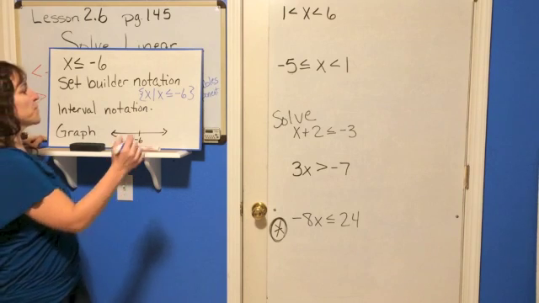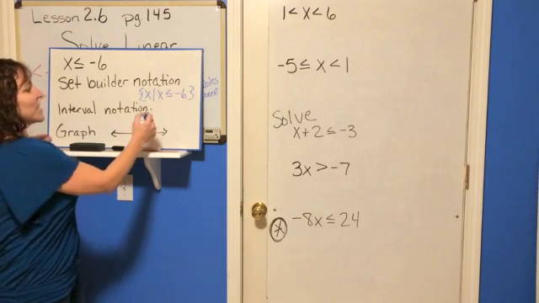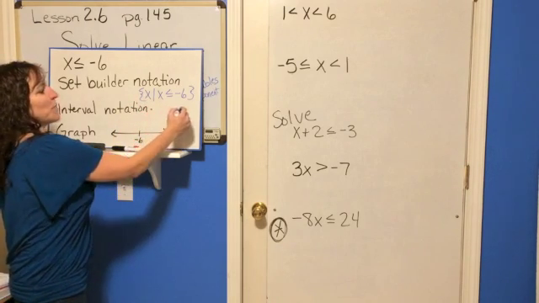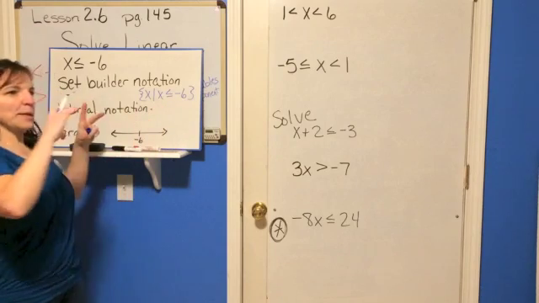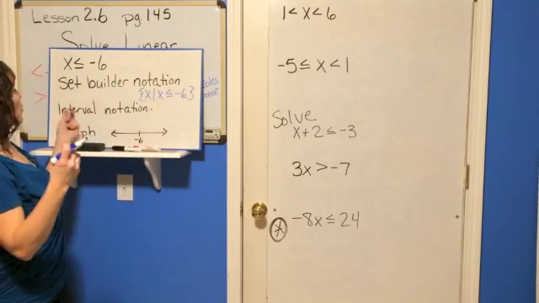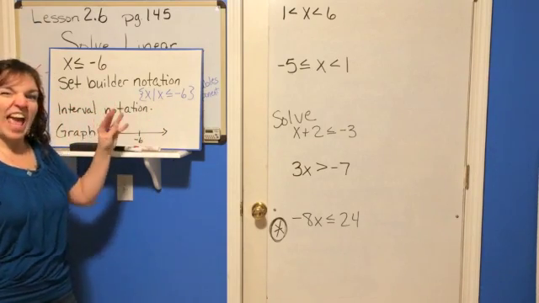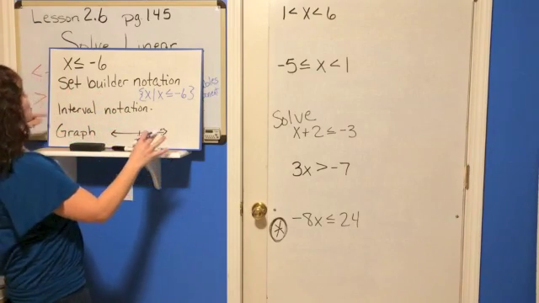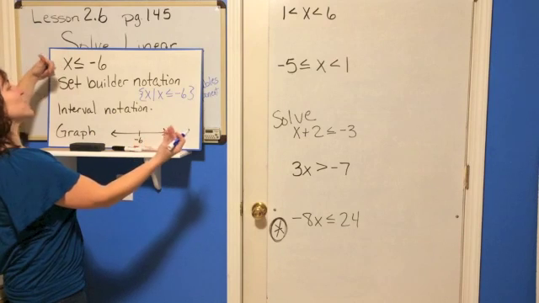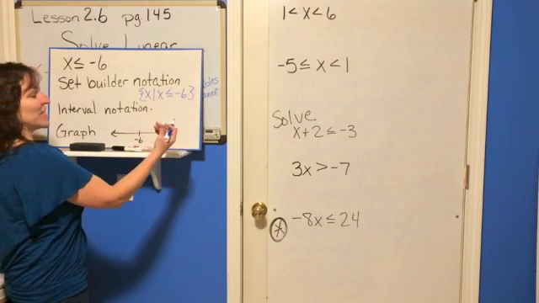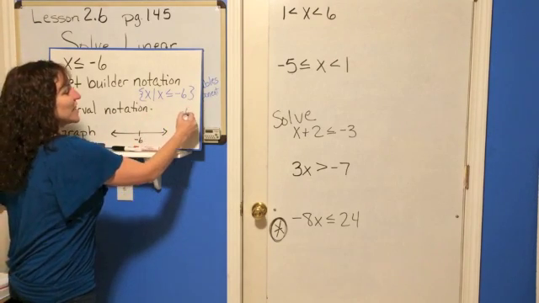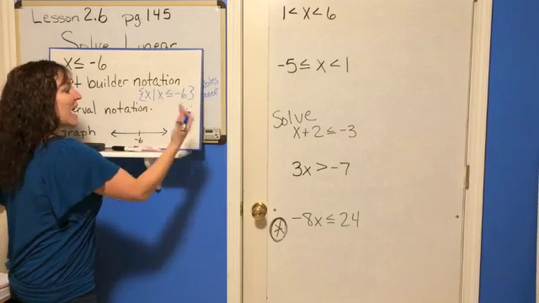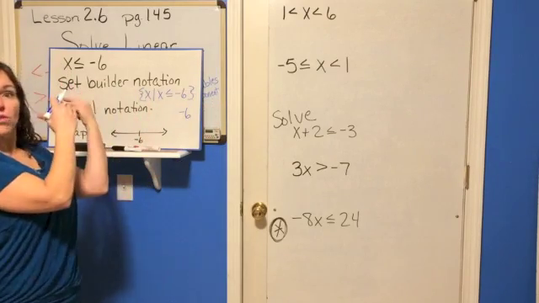Interval notation is going to be just the two ends. So the interval notation shows, well, what are the ends? Which way is my solution going? So in this case, x is going to be less than or equal to -6. So -6 is the right-hand end, and the left-hand end goes on and on and on forever.